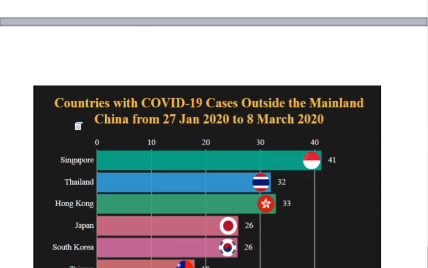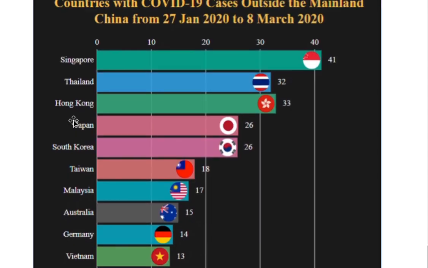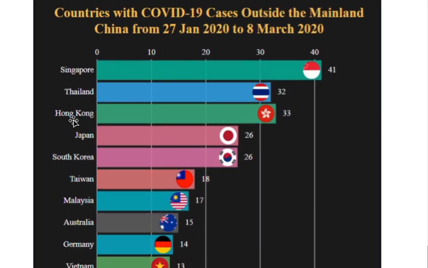Now let us take a look at a more serious example of why differentiating facts and opinions is important. So here we have a chart. This is a chart of countries with COVID-19 cases outside China.